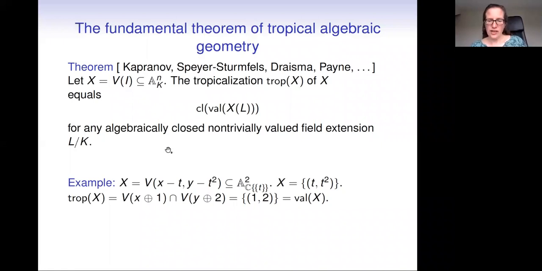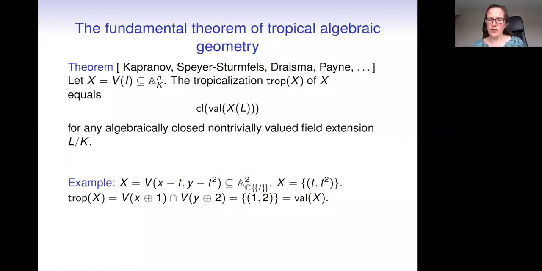Just as a reality check, first we'll do a quick example. If I take X to be the variety of x minus t, y minus t squared. Here I'm thinking of this as a variety in A2 over the Puiseux series. So X is just one point, the point (t, t squared). If I tropicalize the original way, the definition of tropical variety I gave was tropicalize the equations.